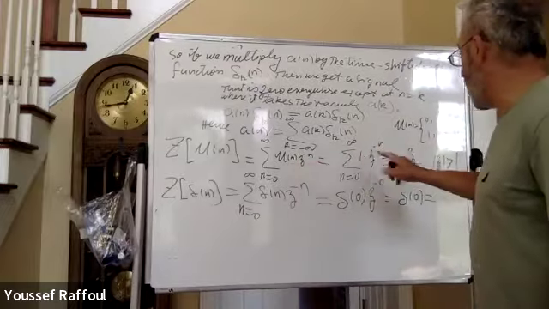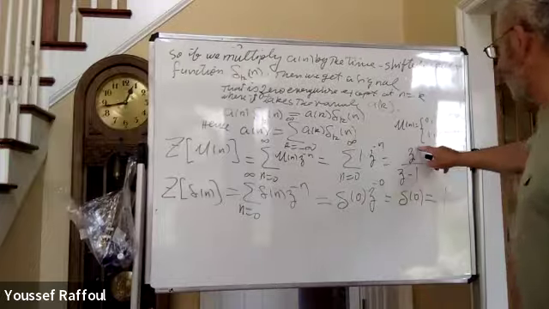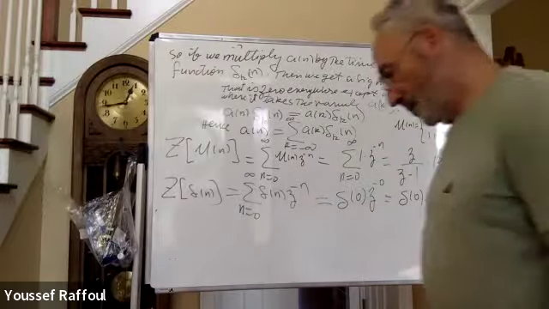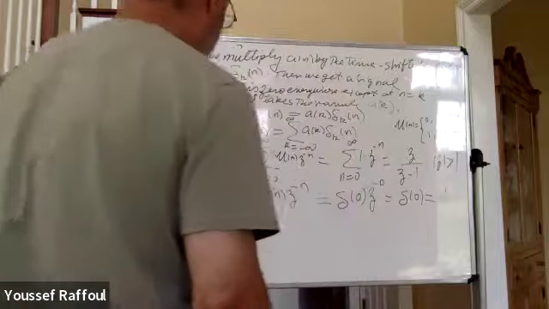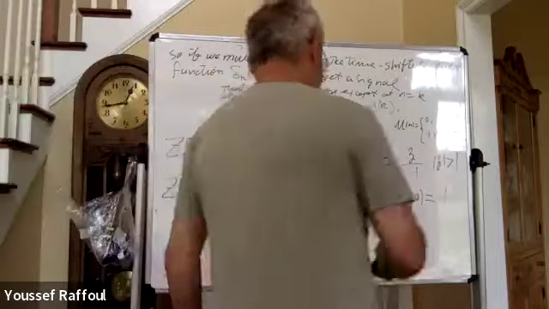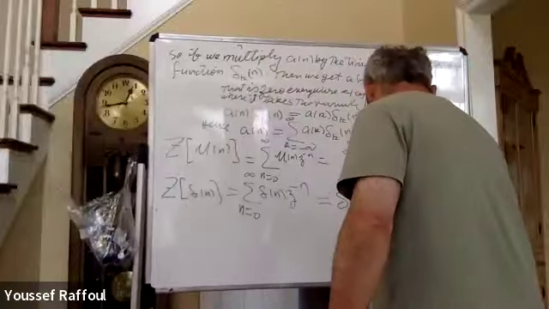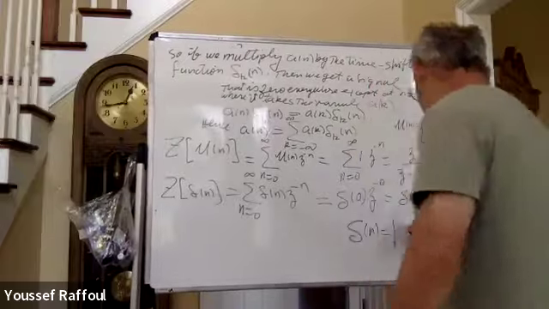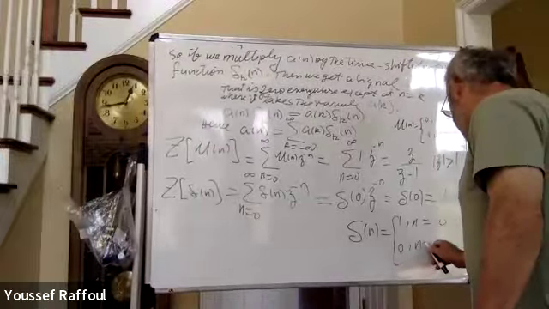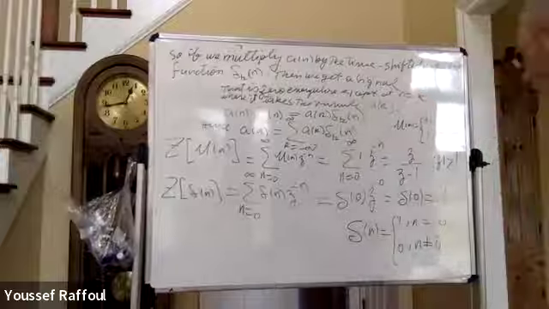Then we looked at its Z transform. You replace with 1, and sum of z^{-n} is z over z minus 1.